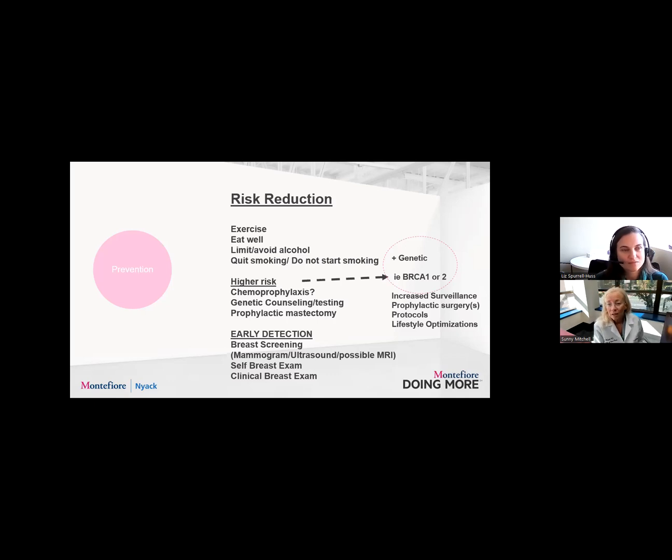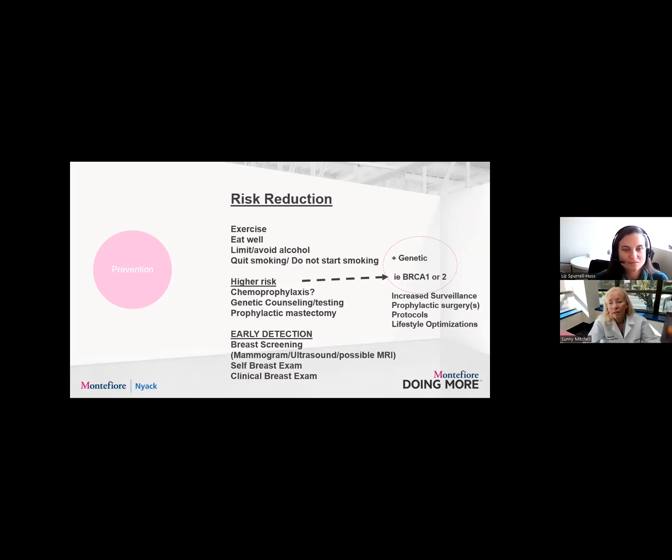Eating well, increase the amount of fruits and vegetables. You don't have to become a vegan overnight, but increase fruits, vegetables, and maybe decrease and eliminate, hopefully, junk food and other food that just really is not that nutritious for you. Don't start smoking, quit smoking, including vaping.